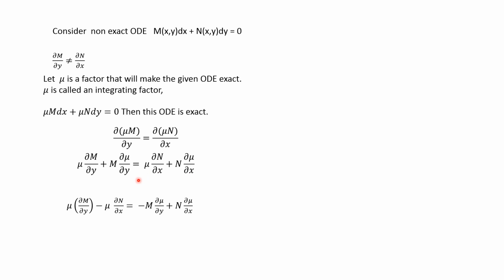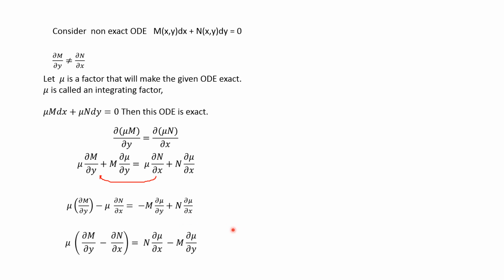Now let us transfer this part to this side. So you get mu times the partial derivative of M with respect to y minus mu times the partial derivative of N with respect to x is equal to negative M times the partial derivative of mu with respect to y plus N times the partial derivative of mu with respect to x.